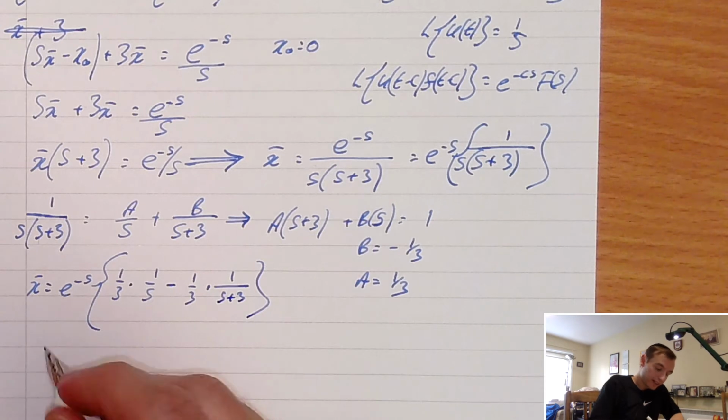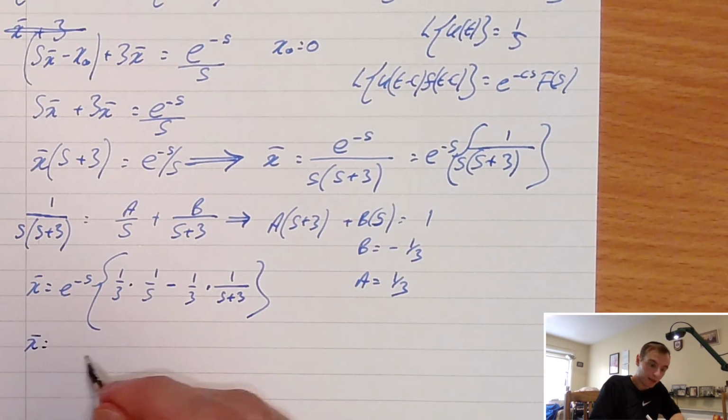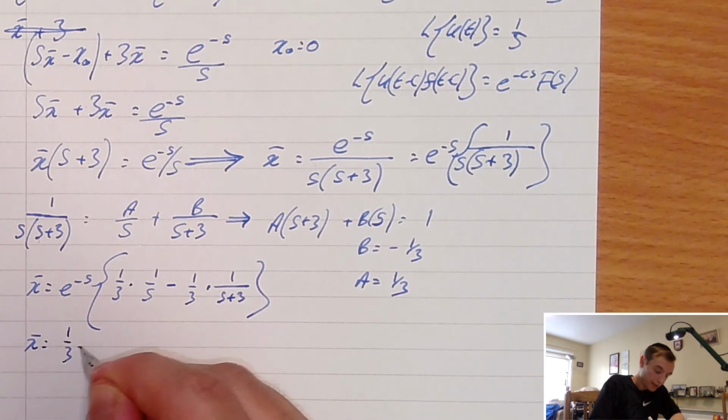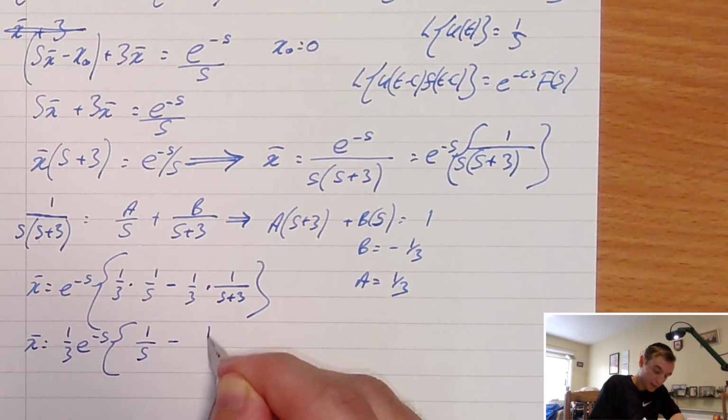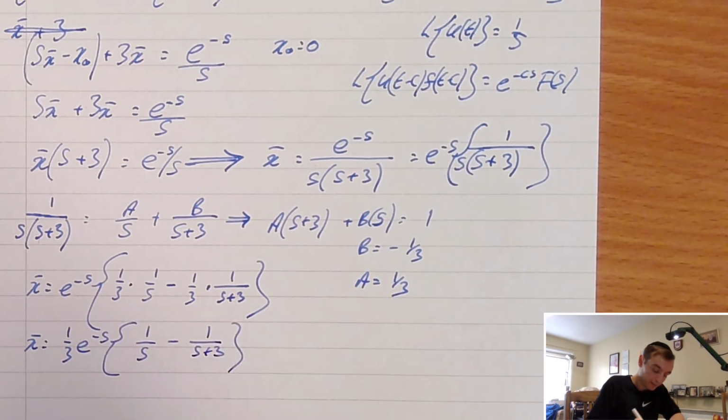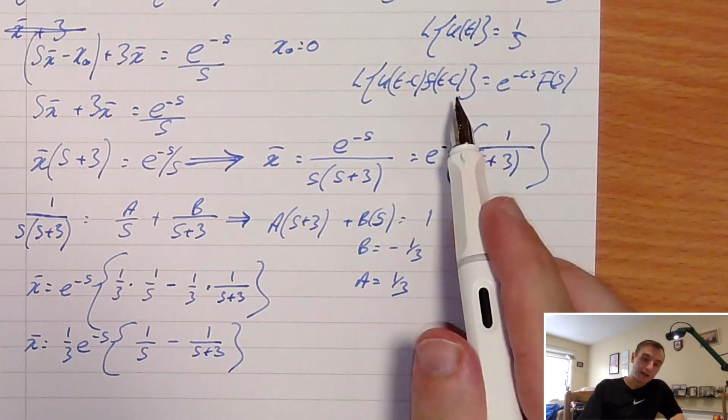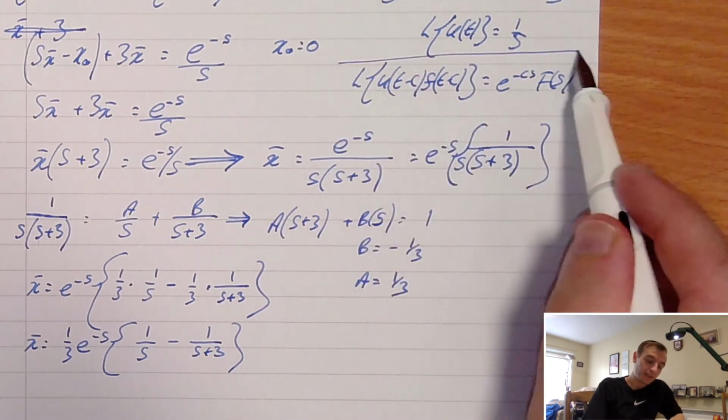So let's take the 1/3 out. So we can say that x bar equals 1/3 e to the minus s times (1 on s minus 1 on s plus 3). And now, hopefully you can see that if we take the 1/3 e to the minus s back in, we've got something to do with the second shift theorem going on, because we've got e to the minus cs and a function, which takes us back to this over here.